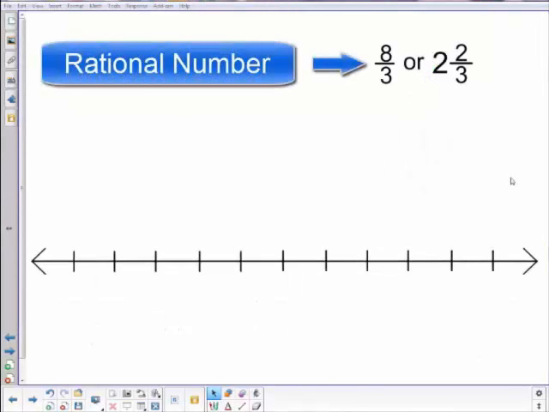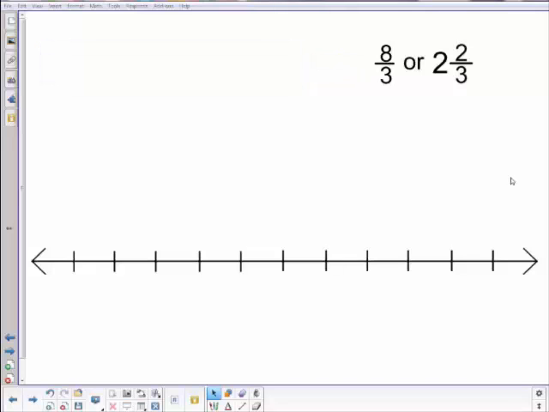Next, let's construct a segment of length 8/3, or equivalently, find the exact point on the number line with coordinate 8/3 or 2 2/3. This construction will involve using a number line which has already been pre-marked. Now you realize for this number line we could have used a compass to mark off each of these equal segments, but we'll assume we have done that already.